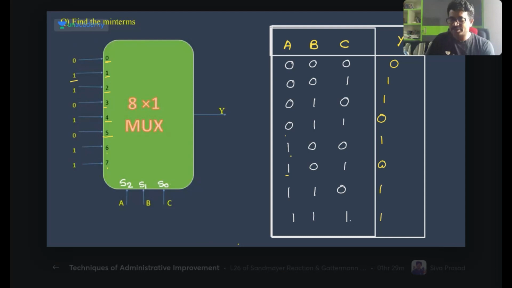Right. So from this, we can write the expressions now. Tell me, how can we write this Y expression? Y is equal to what?